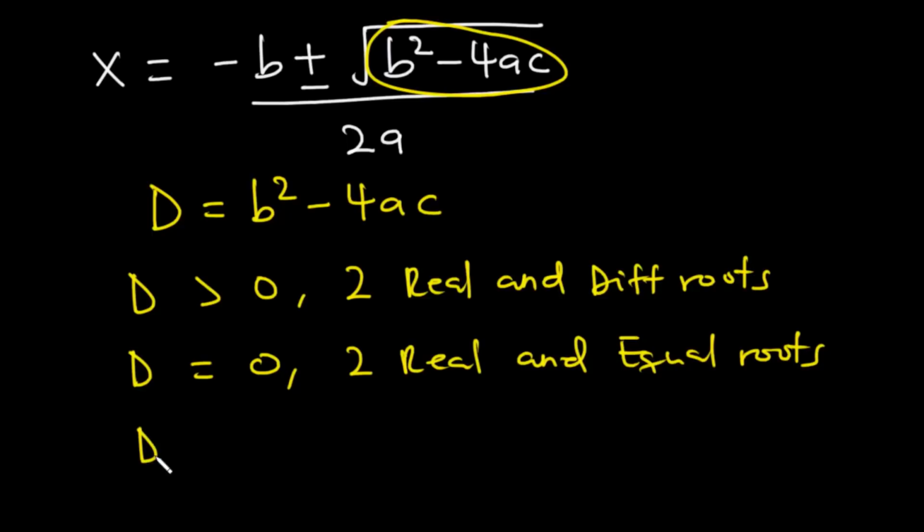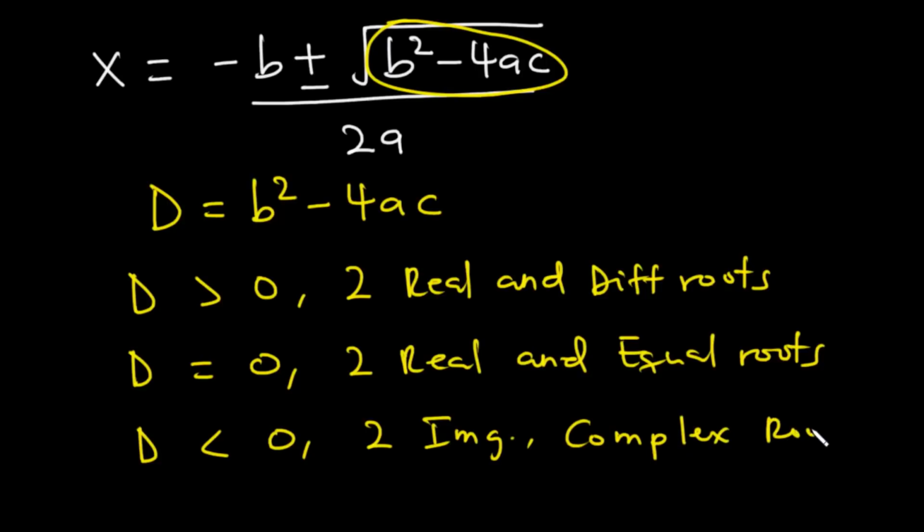And whenever D is less than 0, the equation will have two imaginary or complex roots. So given some quadratic equations, we should be able to calculate the discriminant and describe the nature of its roots.